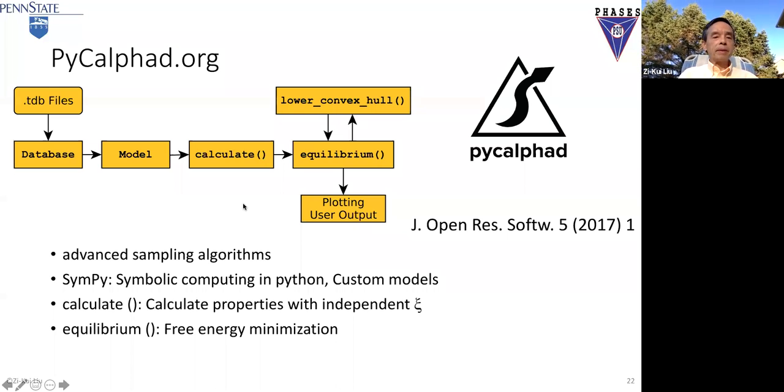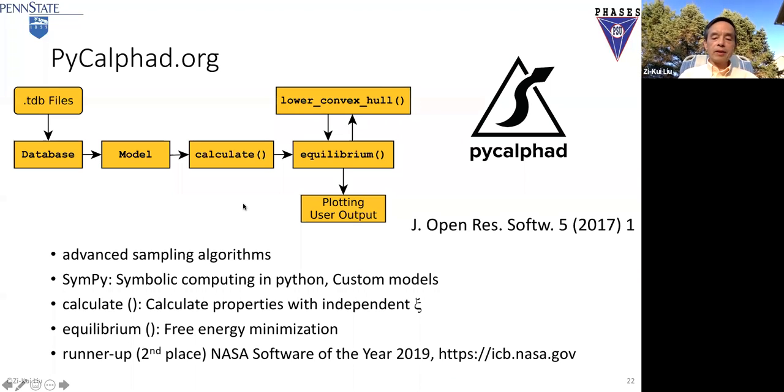This was developed by one of my former students, Richard Otis. He's now at JPL, and after he joined JPL, he continued to develop it. He also put this code into the software competition at NASA. And in 2019, it won the prize at JPL, and then went to the national competition and won second place.